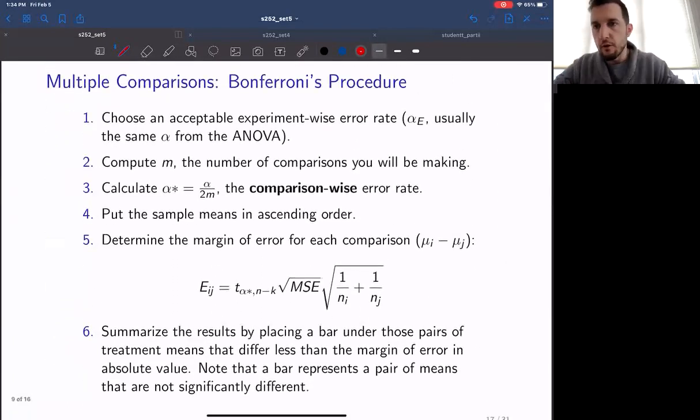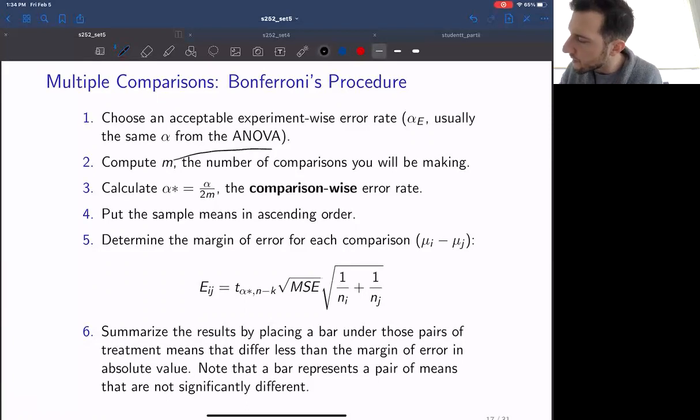The way the Bonferroni multiple comparison would run is as follows. Declare alpha subscript E. Again, whatever we use for the ANOVA, we're going to use as our alpha subscript E. Compute the number of pairwise comparisons you have to make. This value, which we call little m, is simply k choose 2.